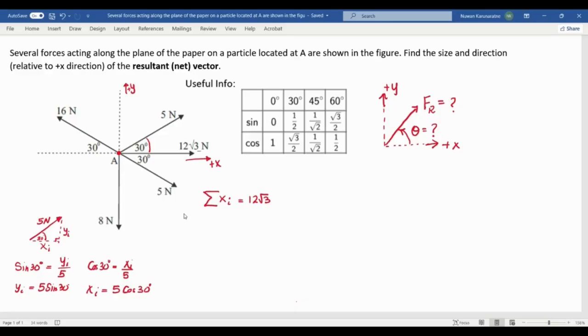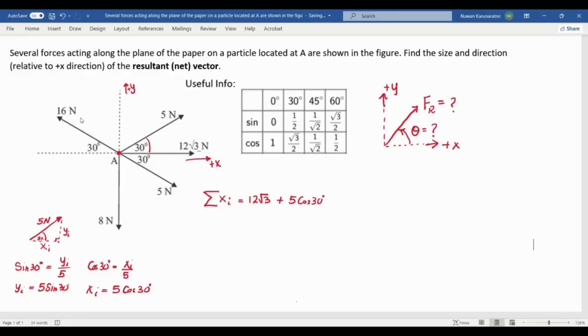So coming back to the original problem where I'm trying to sum up all the x components and sum up all the y components. So I'm about to get all the x components. So I have the first one, 12 square root of 3. Then 5 newtons will have an x component, 5 cosine 30.